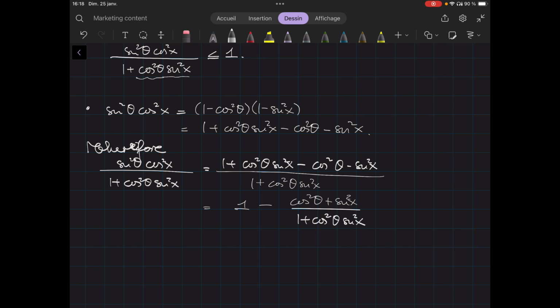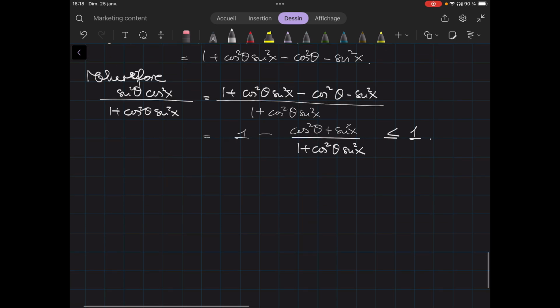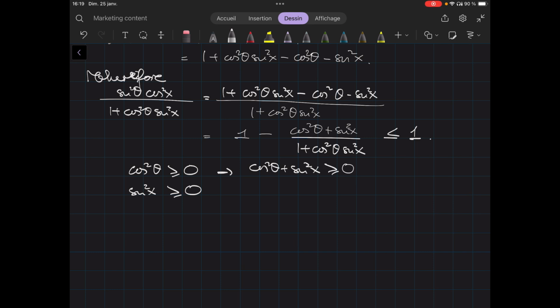I'm sure we can all explain why this value is less than or equal to 1. This is because cos squared of theta is greater or equal to 0, and sine squared of x is greater or equal to 0. Therefore, cos squared of theta plus sine squared of x is greater or equal to 0. 1 plus cos squared of theta sine squared of x is greater or equal to 0.